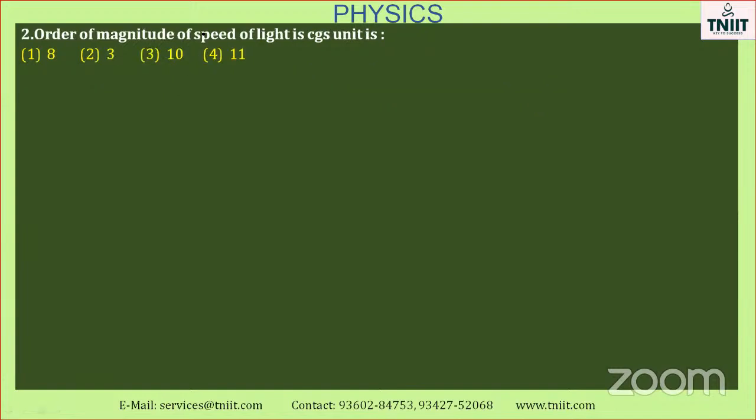What is the order of the magnitude of speed of light in CGS unit? Actually, speed of light is 3 into 10 power 8 meter per second. This is in SI system.